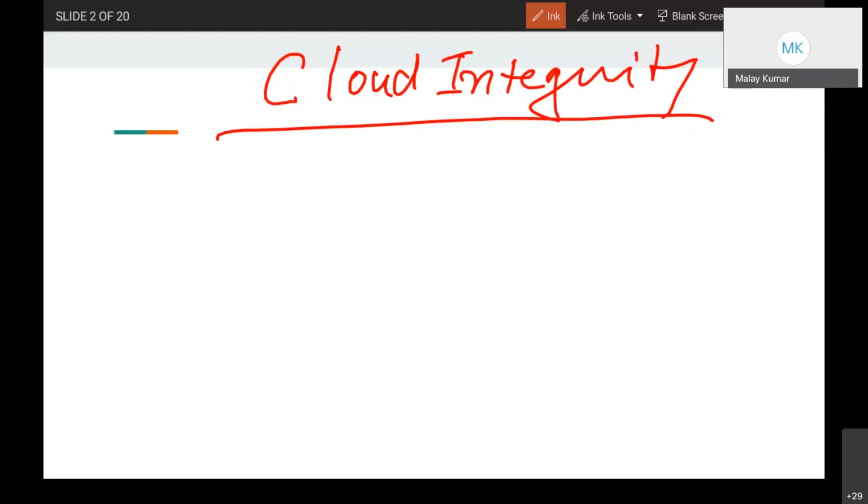To resolve these issues, we saw multiple methods, which include the provable data possession, PDP model, and multiple versions of it: scalable PDP, dynamic PDP, then proof of retrievability, known as POR. Then there is a TPA, a third party auditor.